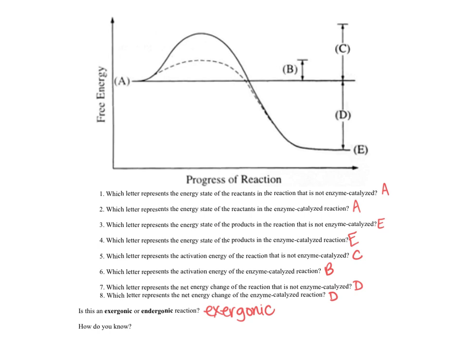In that case, what we're seeing is a negative change in energy. And that negative delta G, that negative change in free energy, is an exergonic reaction.